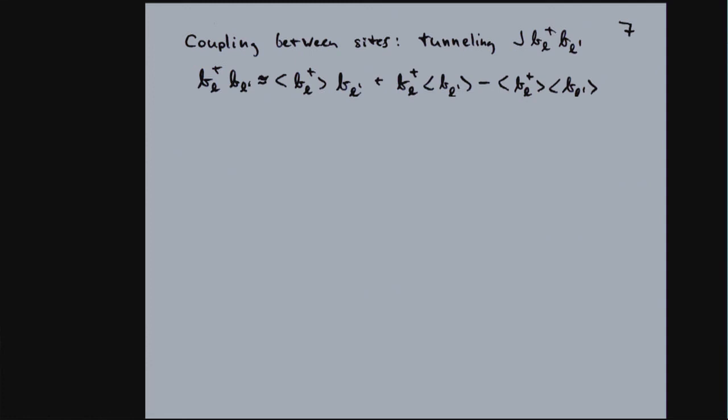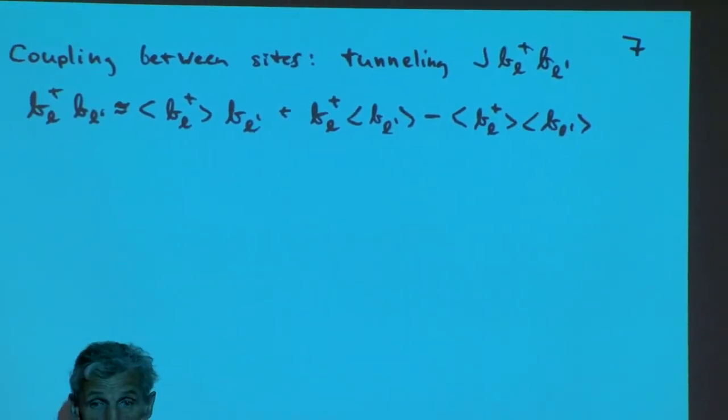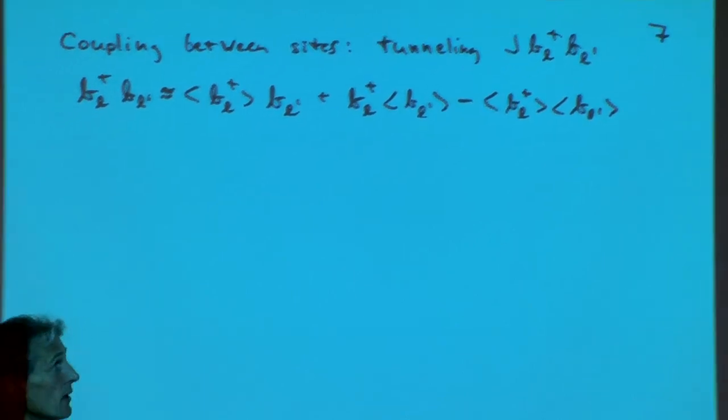Okay, so we want to start in the insulating state and want to figure out how the system develops superfluidity out of the insulating state. And the perturbation operator which takes me out of the insulating state is tunneling. So the operator responsible for breaking out of the insulating state is the operator which induces tunneling between neighboring sites. And the tunneling operator in this Hamiltonian, remember the Bose-Hubbard model had J times B dagger B. This was our tunneling term.